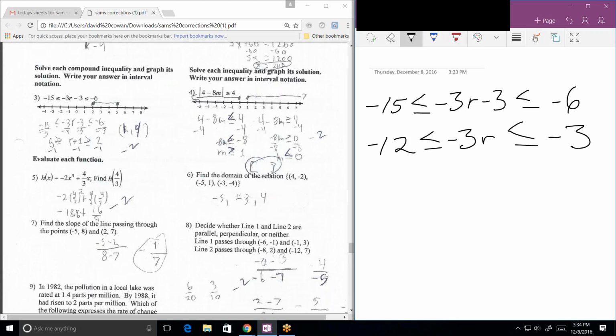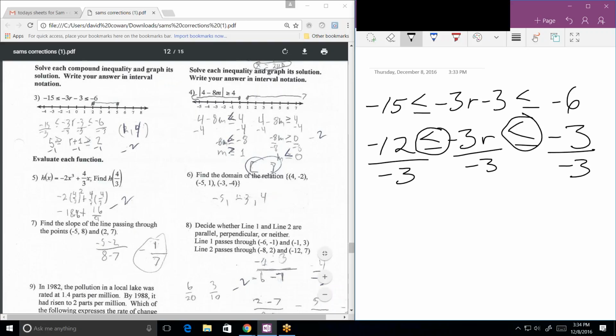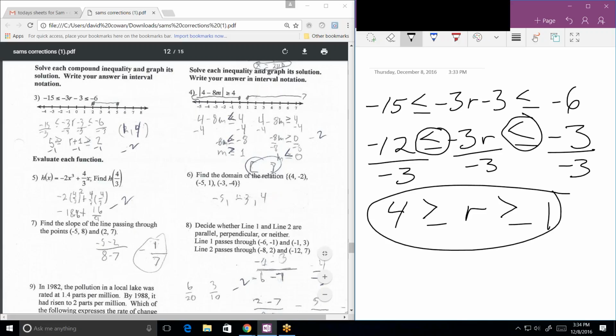Now I divide that by -3, that by -3, that by -3, and I turn around the direction of both of those because I'm dividing all 3 sides by a negative number. So now I get 4 greater than or equal to r greater than or equal to 1. There's your answer.